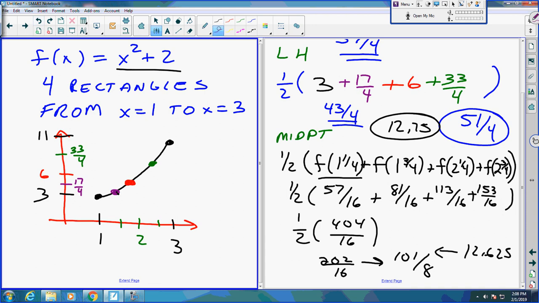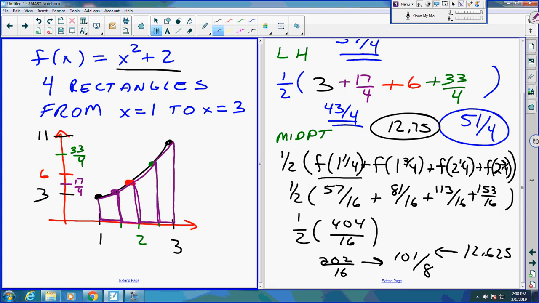I see a trapezoid with a height of a half in this. I can make a trapezoid here. And then I can make a trapezoid in here. And I can make a trapezoid here. And I can make a trapezoid here.